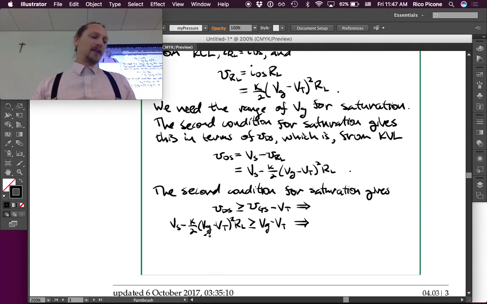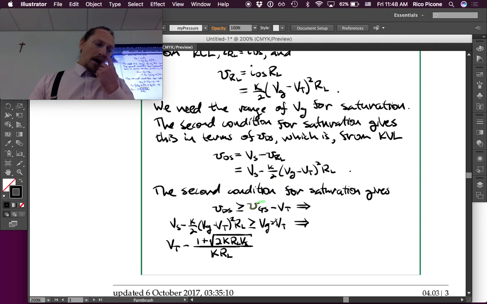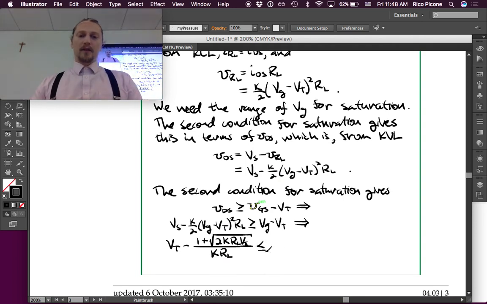I found that the range for VG is between VT minus this sort of ugly fraction: 1 plus the square root of this kind of interesting constant, 2K RL VS, divided by K RL. And that is the lower bound of VG.